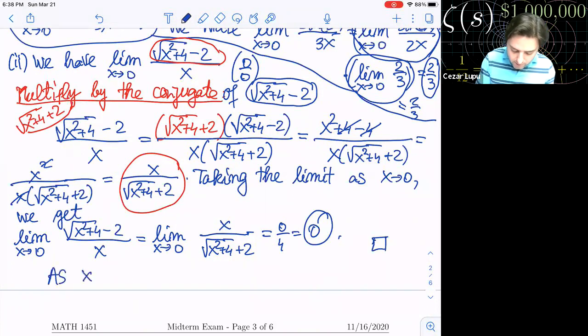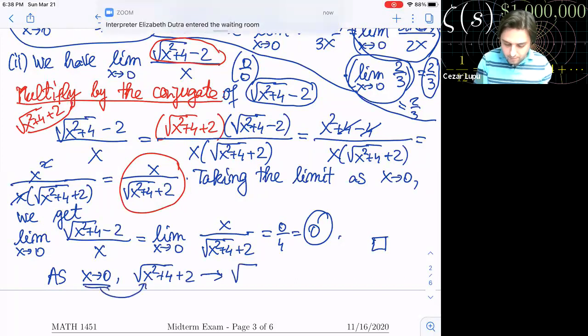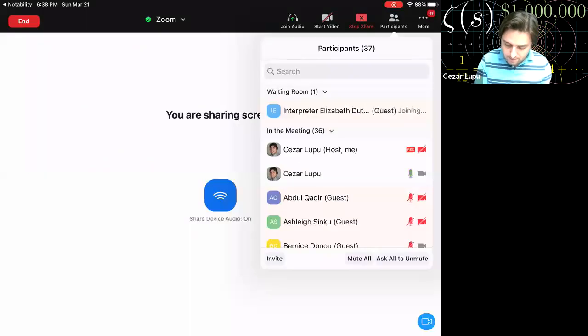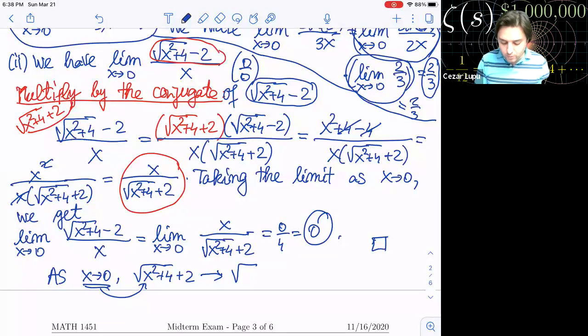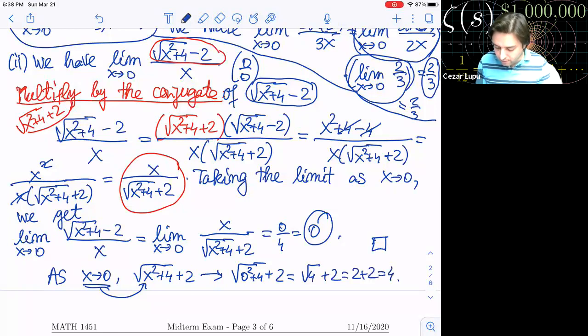As x approaches 0, the square root of x squared plus 4 plus 2 will approach what? So x is 0, you plug it in here, and you get 0 squared plus 4 plus 2. So, the square root of 4 plus 2, which is 2 plus 2, which is 4. That's why we get 4 here.